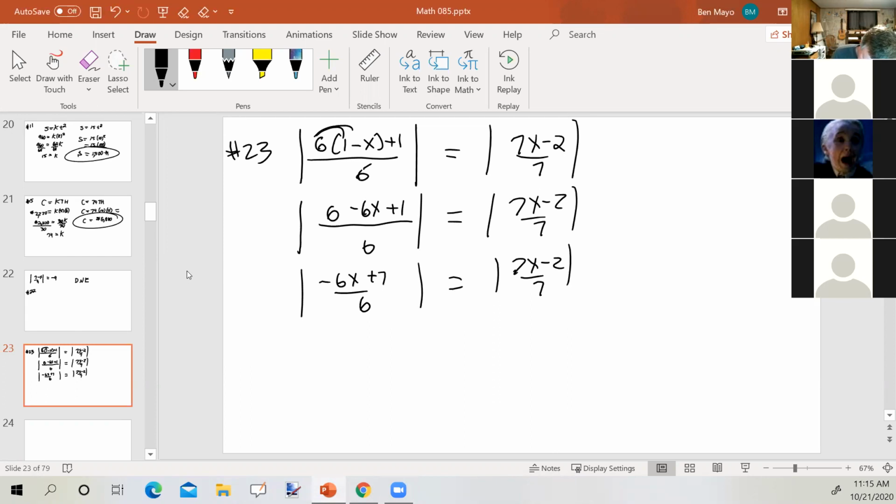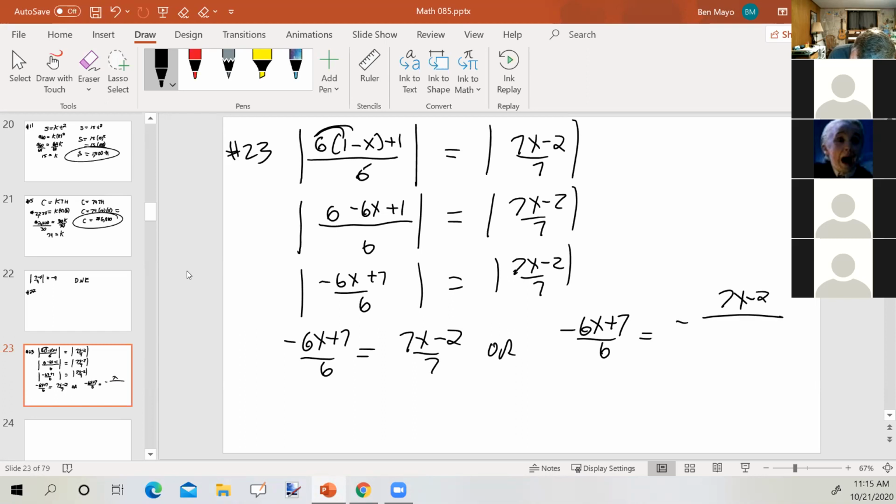So I'm going to get -6x plus 7 all over 6 equals 7x minus 2 over 7, or -6x plus 7 all over 6 equals the opposite of 7x minus 2 all over 7. Okay. And once again, I think I'm going to copy those on the next page.